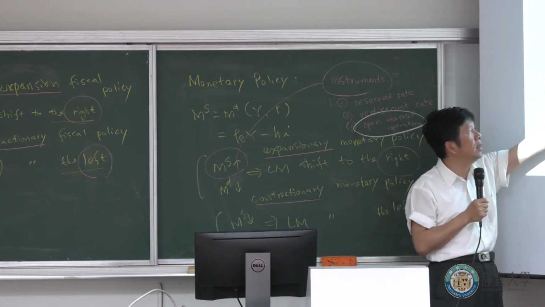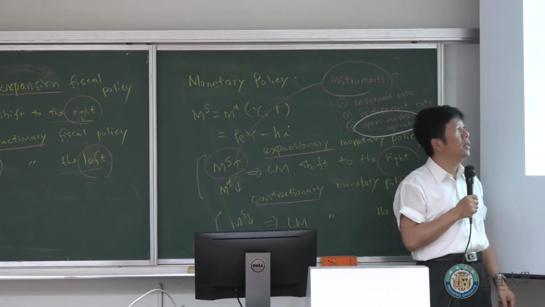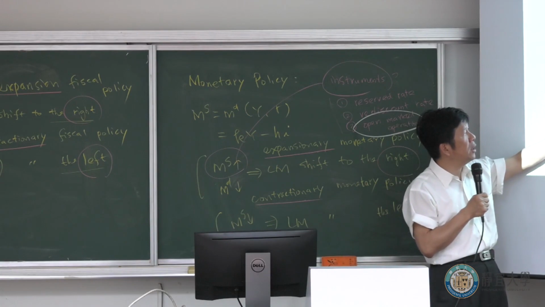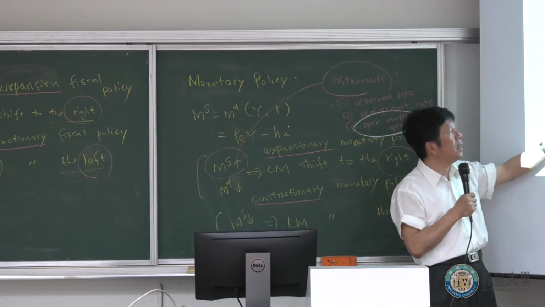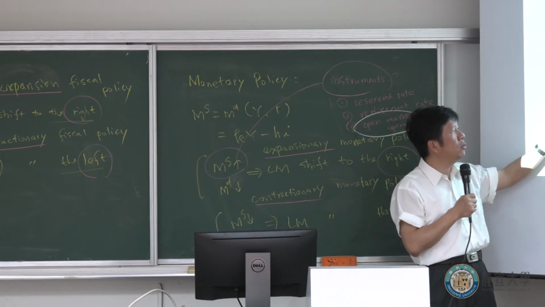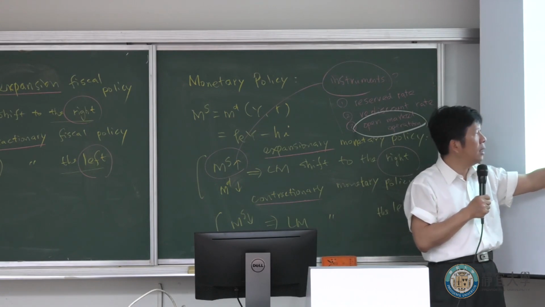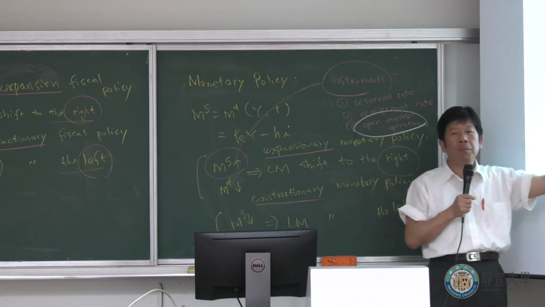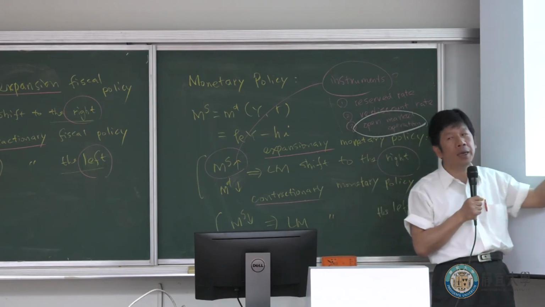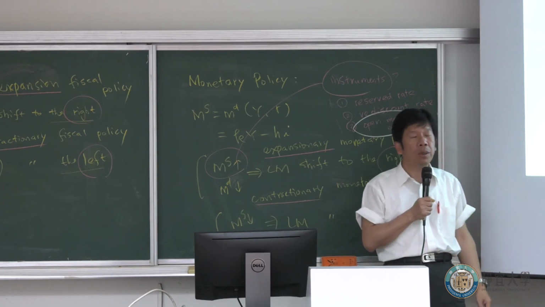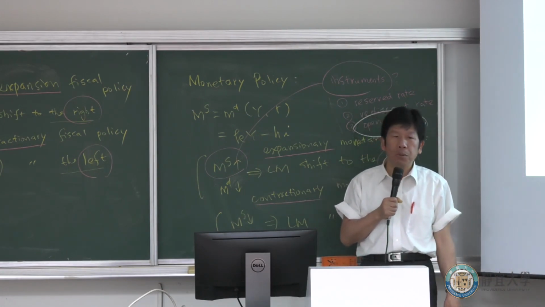The central bank buys bonds in exchange for money, so the money supply will be increased. On the other hand, if the central bank sells bonds, the money supply will decrease. And after that they can control the quantity of the money supply much better.